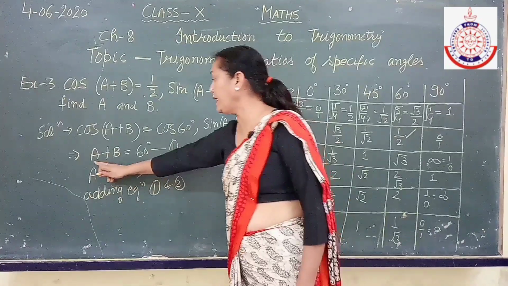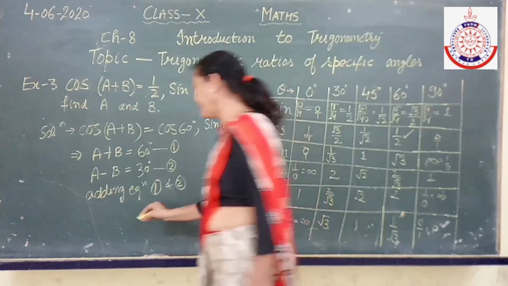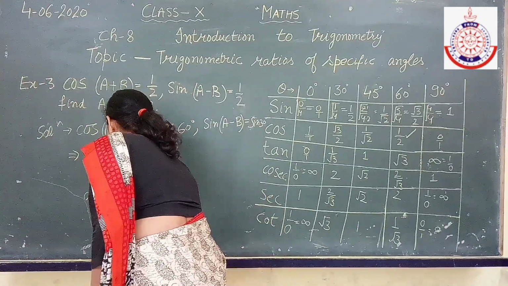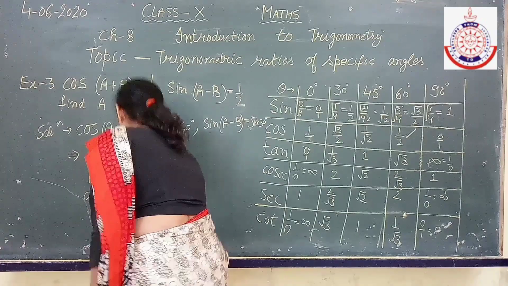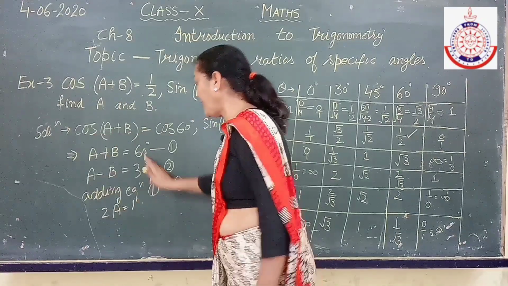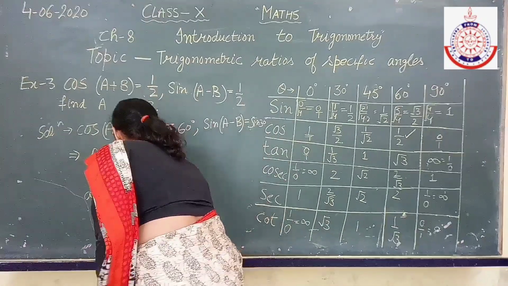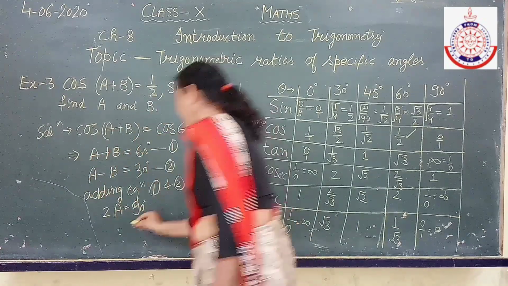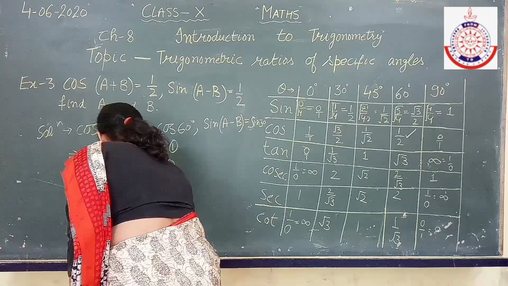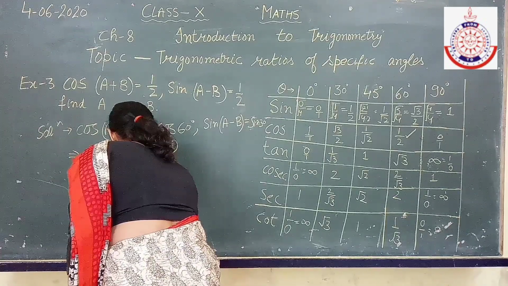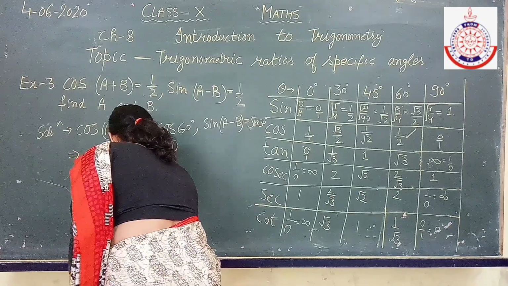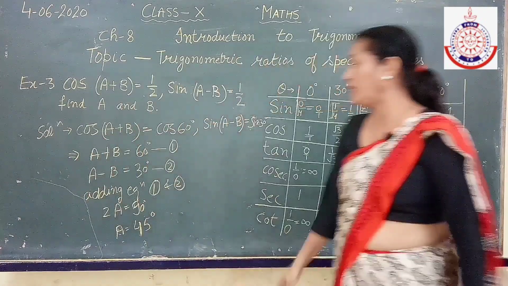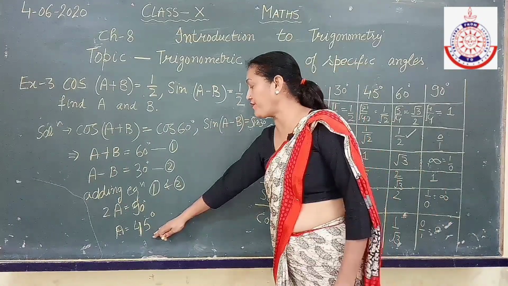So we will have a plus a, that is 2a, equals 60 and 30, which is 90. Shifting this 2 to this side, we get a as 45 degree. So we got the value of a as 45.